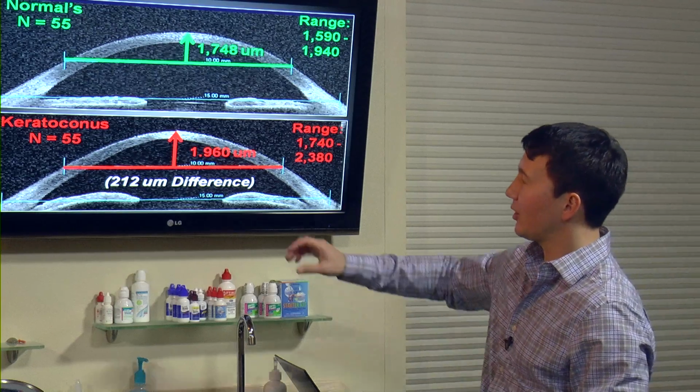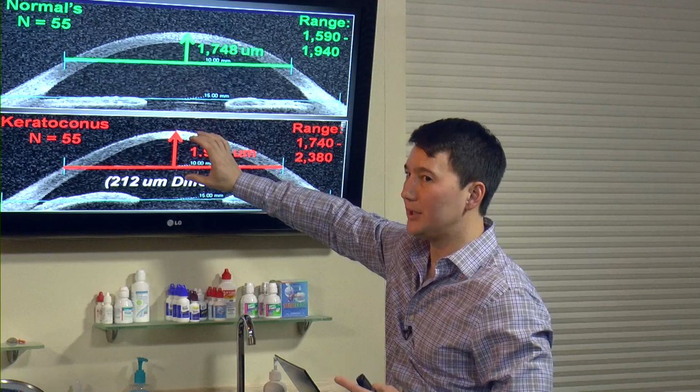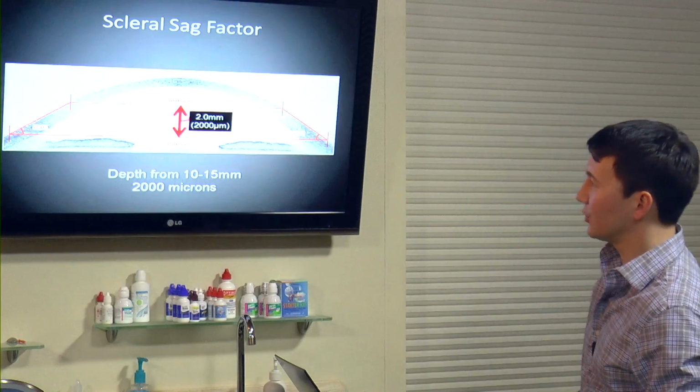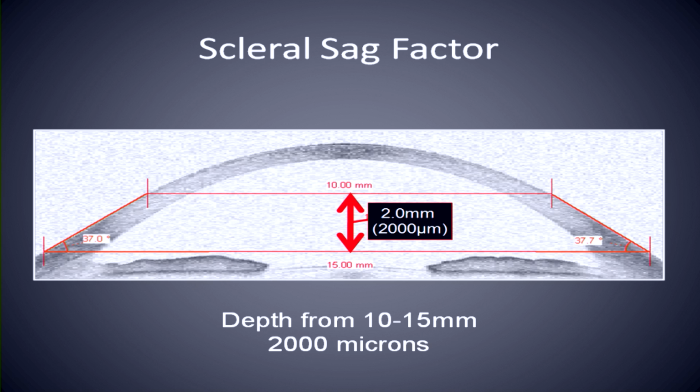So if our corneal topographer can tell us this, then we've got a big piece of the puzzle in building our scleral lenses. So we use what we call the scleral sag factor of around 2,000 microns as an average assumed depth of the eye from 10 to 15 millimeters.